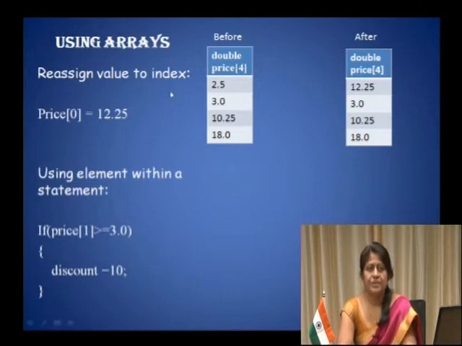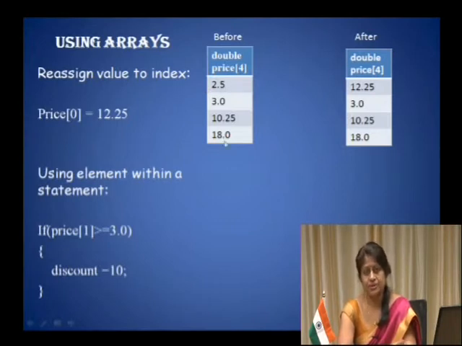Say for example, you have declared an array called price which consists of 4 elements of data type double, and you have assigned all the values for this price array such as this. And now suppose you want to change a value of any one of these.